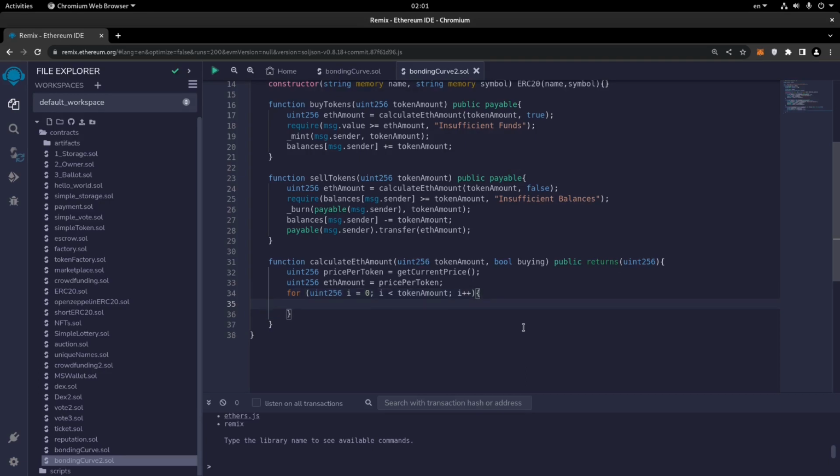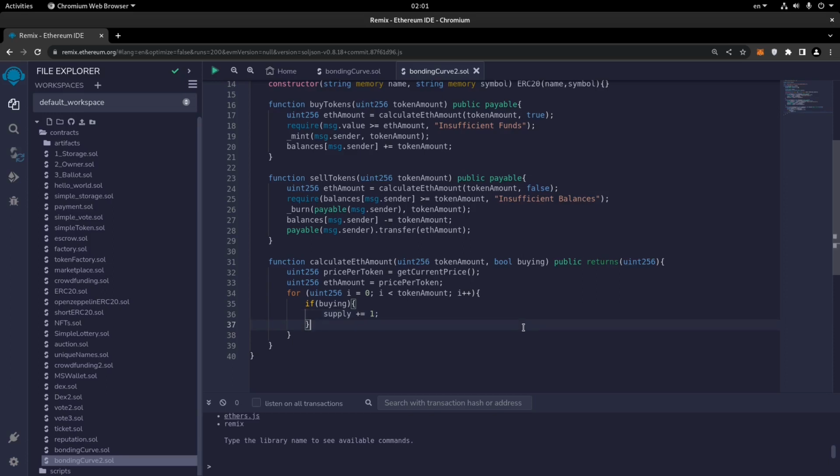Here we go. So once we get in here, we check whether we're buying or selling. So if buying is true, then we will increase the total supply. So total supply plus equal 1.